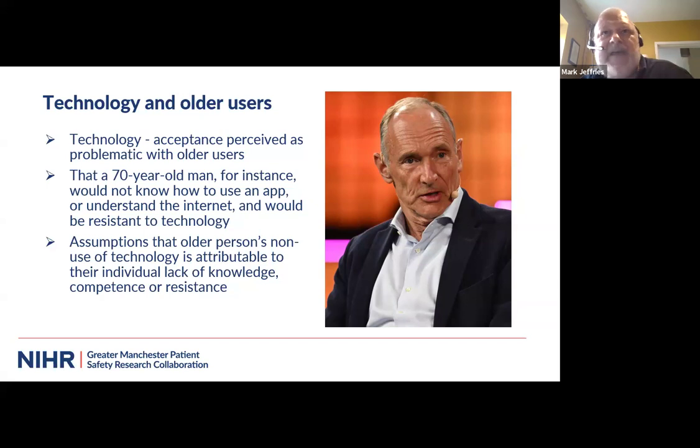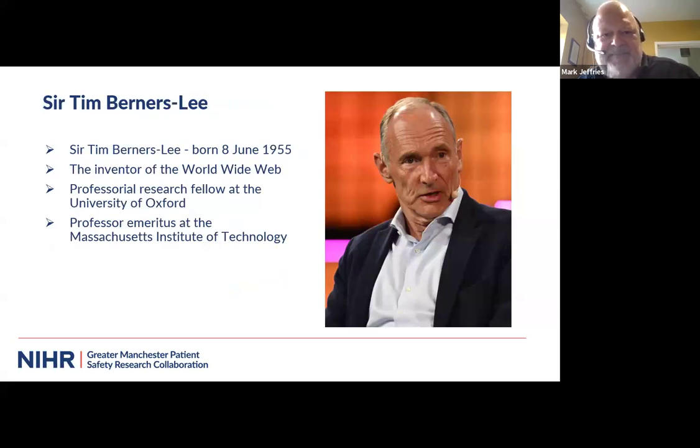And then they become the problem. The older people are the problem, not the context, not the system, not what's happening within it. We just need to change older people, or train them, or get their grandchildren to do it for them. And there you have a lovely picture of a 70-year-old man. That is exactly a 70-year-old man. In fact, he turns 71 next month. If you go to the next slide, we'll find out who that 70-year-old man is.